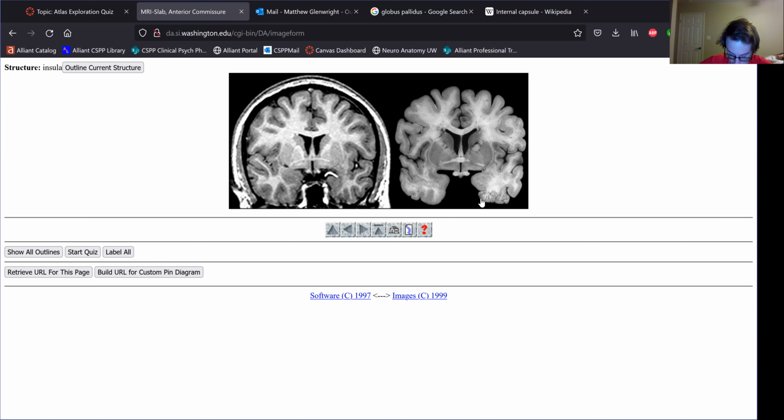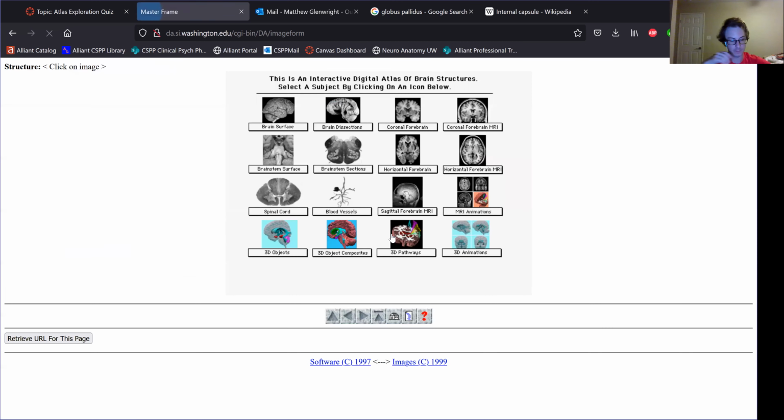Okay, so now we're going to move over to the limbic system. Before I took this apart, if I take this off, it's kind of this weird little triangular thing that goes in between the ventricles and wraps around underneath the ventricles as well.